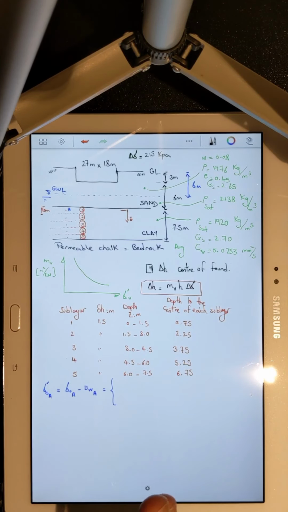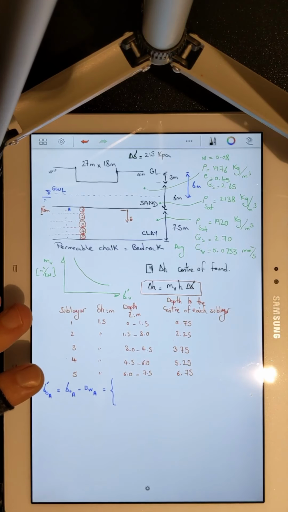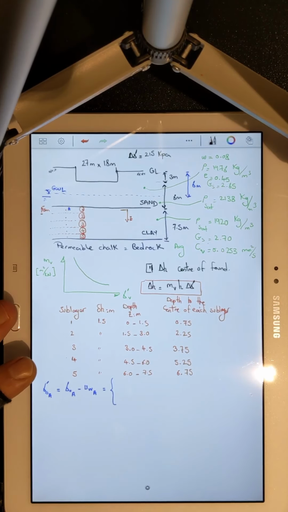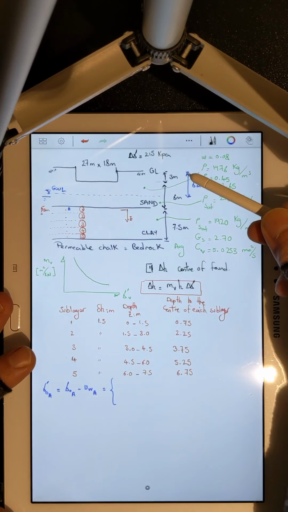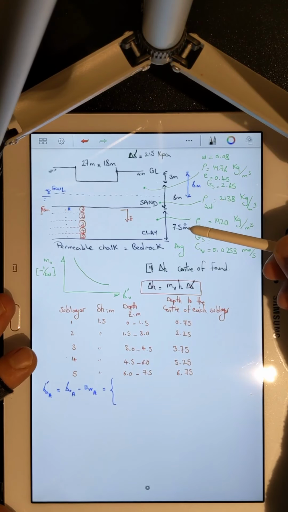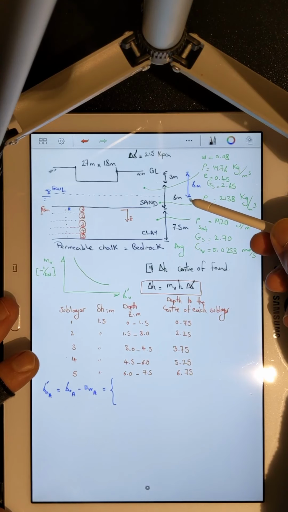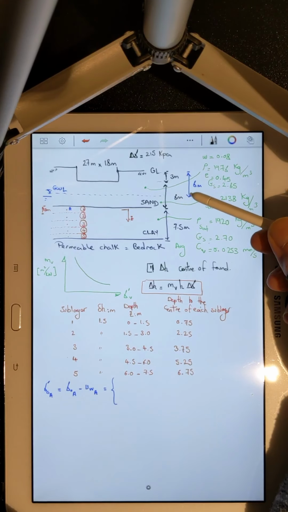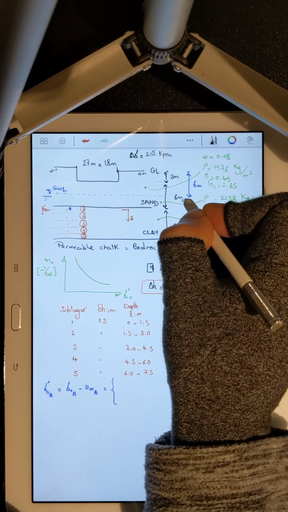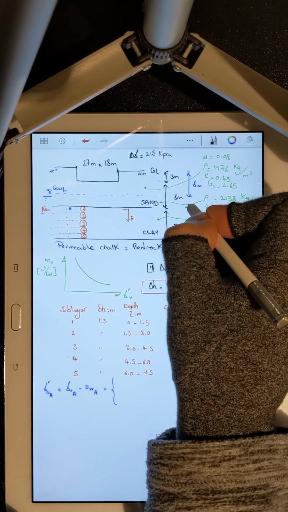It's the initial stress. Nothing has happened, no construction has happened, so we are dealing with initial stress values. If you look into the diagram, I have 6 meters of unsaturated sand, and then I have, I think, 3 meters of saturated sand. Yeah, so 6 meters of unsaturated sand, and 3 meters of saturated sand.